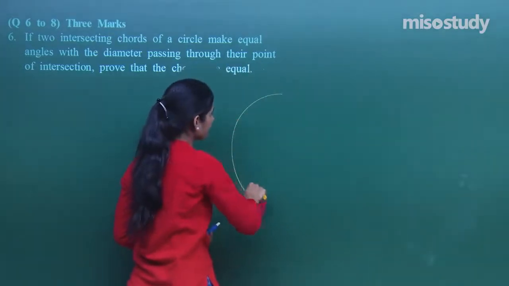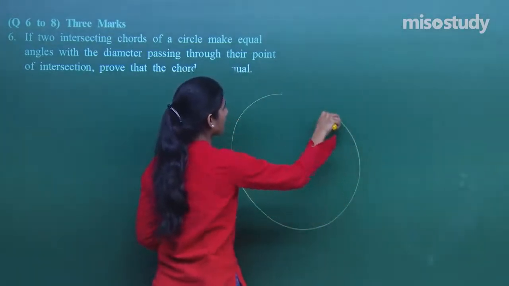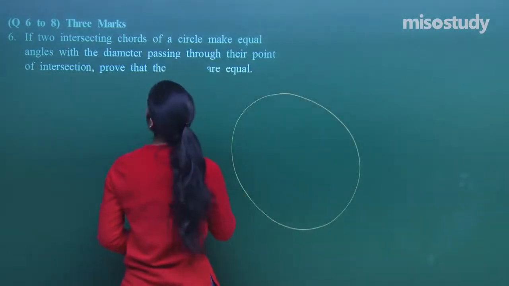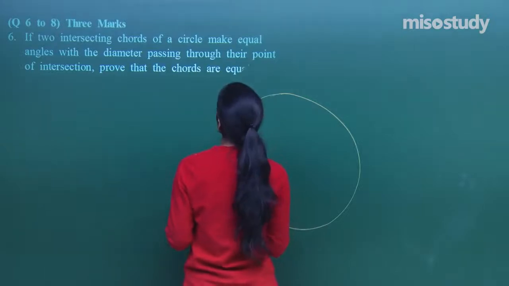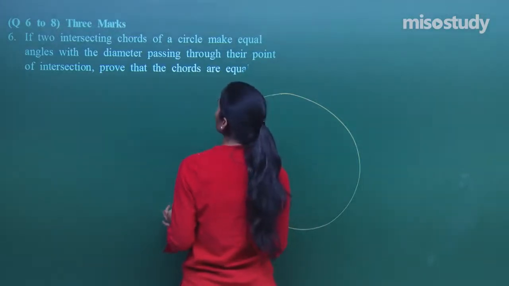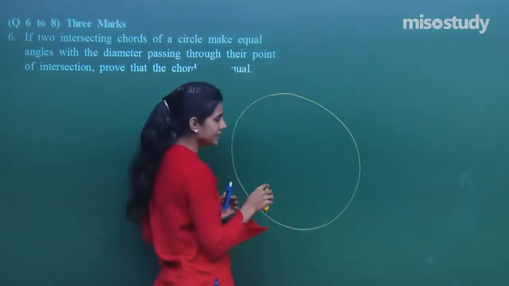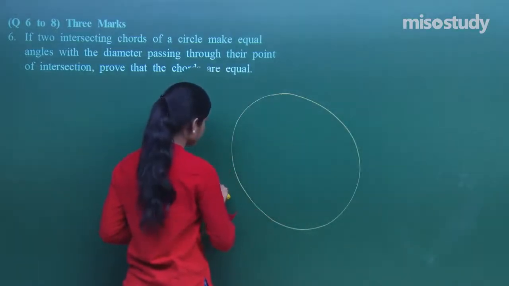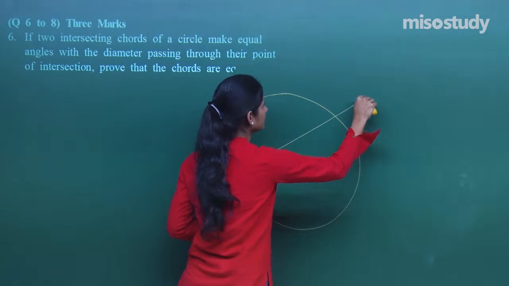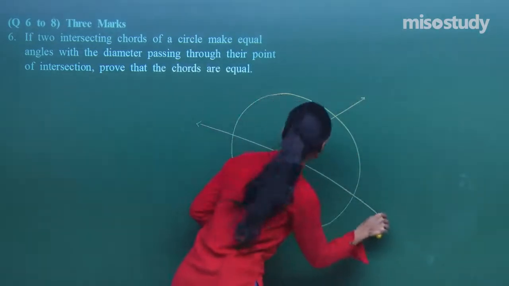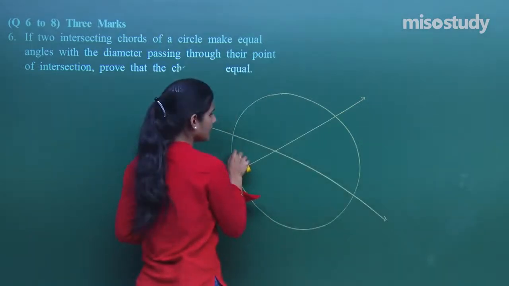Let's see. So, I have two intersecting chords of a circle make equal angles with the diameter passing through their point of intersection. So this is one chord, say this is another chord.